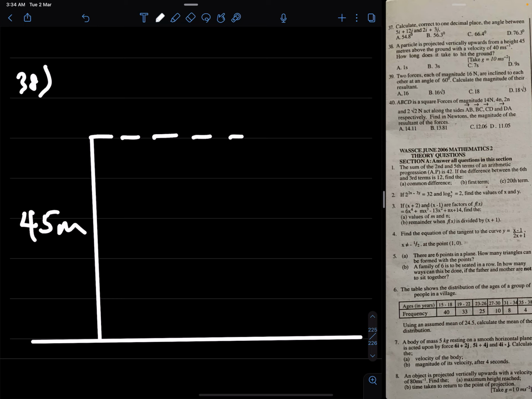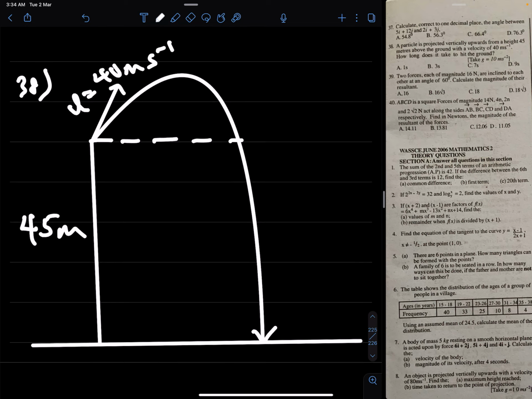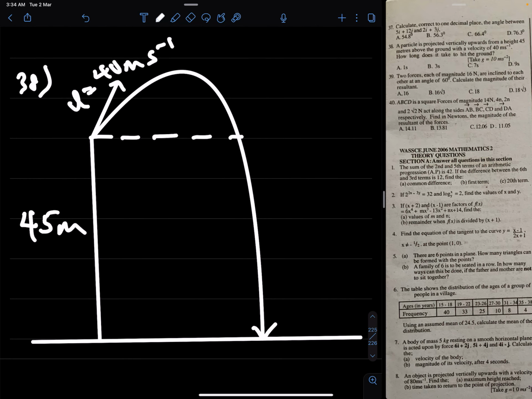This is a projection plane. The body is projected from here, and it goes this way down to hit the ground here. This is the velocity with which it was projected, U equals 40 meters per second.